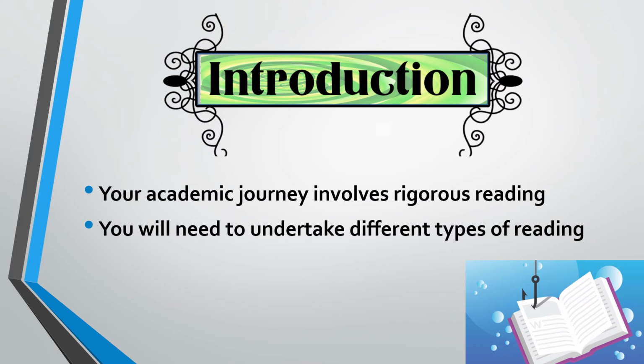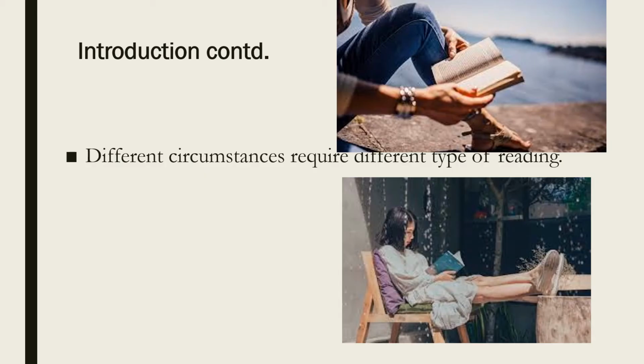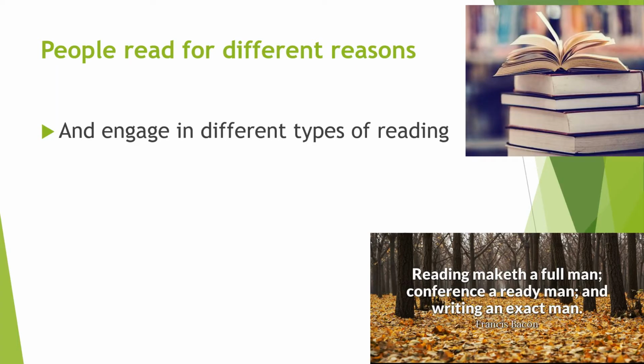Your academic journey involves rigorous reading. You will need to undertake different types of reading. Different circumstances require different types of reading. People read for different reasons and engage in different types of reading.